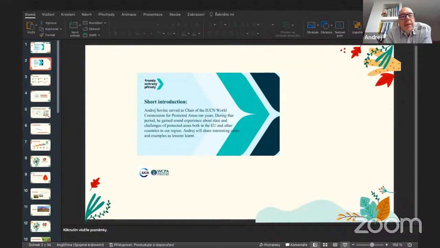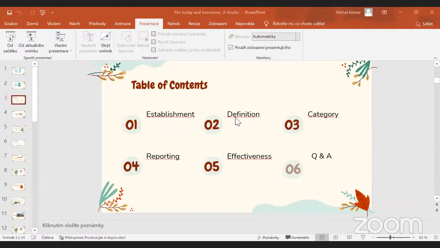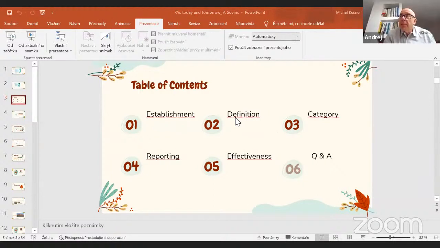Michal, can we go on, please? Okay, so in my presentation today, it will not be a summary of what you can read in the guidelines, but it will provide comments on the key five steps that are important in the process of designing, establishment, and management of protected areas, including a short note on assessment of management effectiveness.